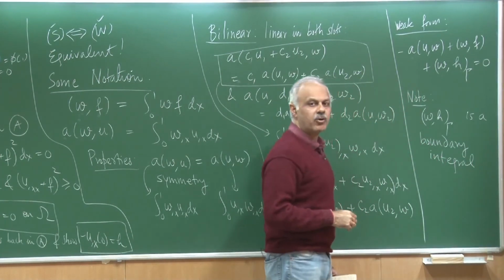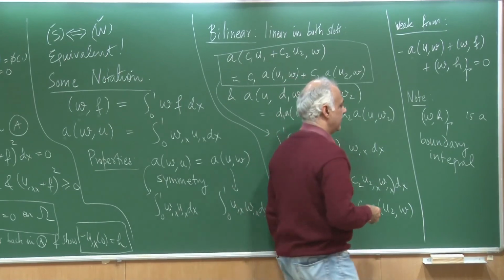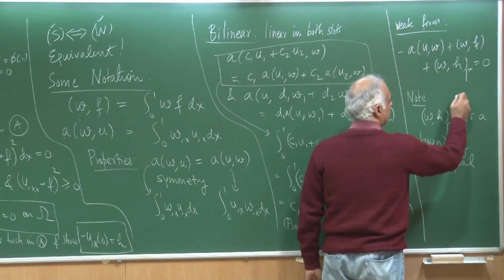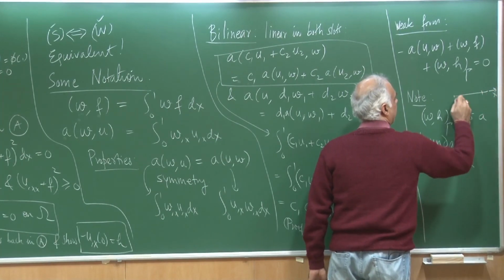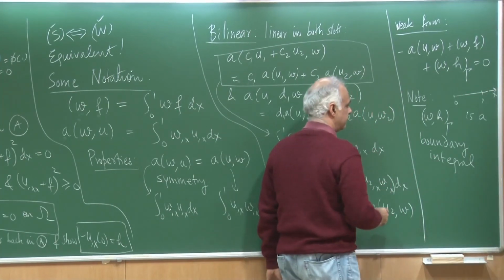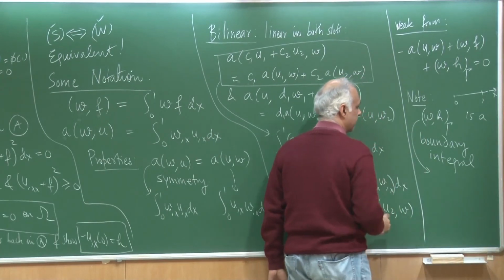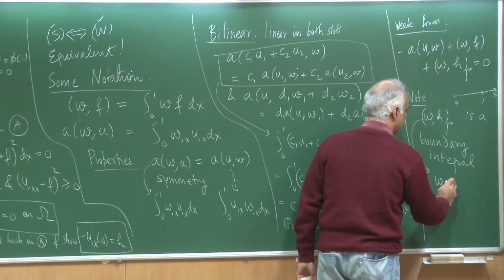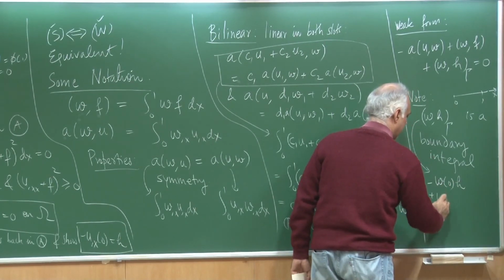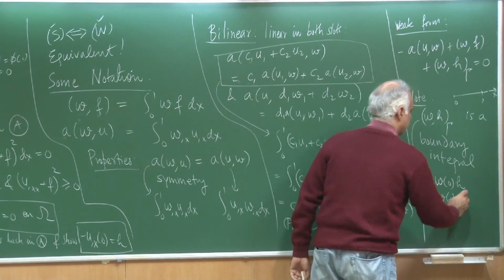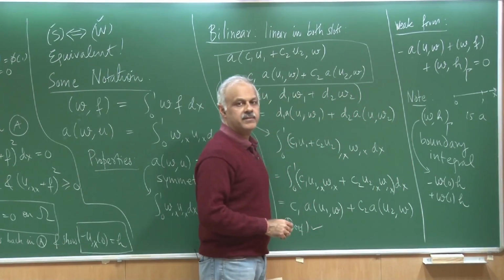In this case, the boundary is only 2 points, x equal to 0 and x equal to 1. So this is my x axis and I have 0 to 1. So this integral actually boils down to W(0) times h and W(1) times h. Okay.